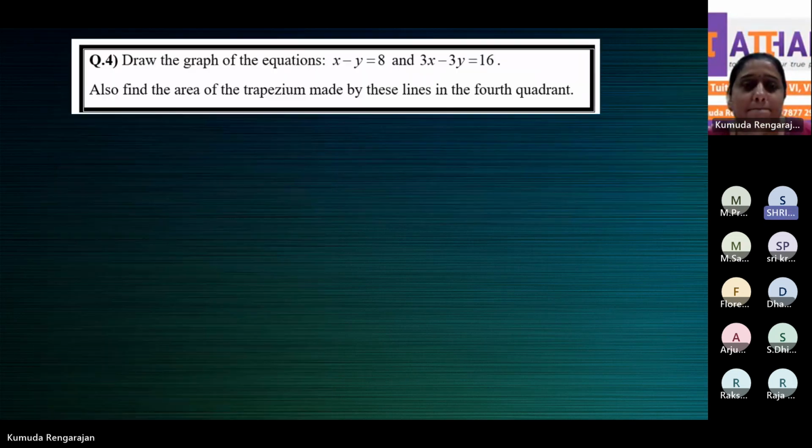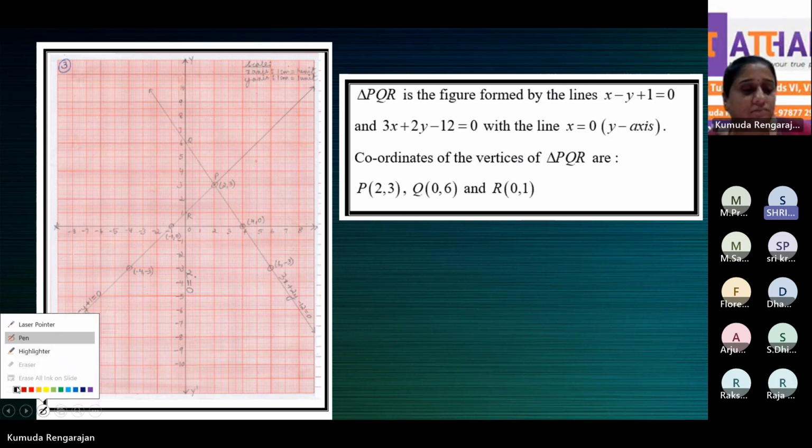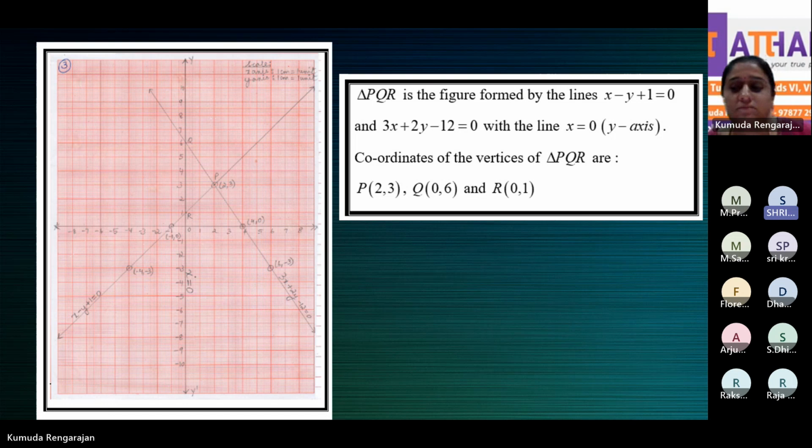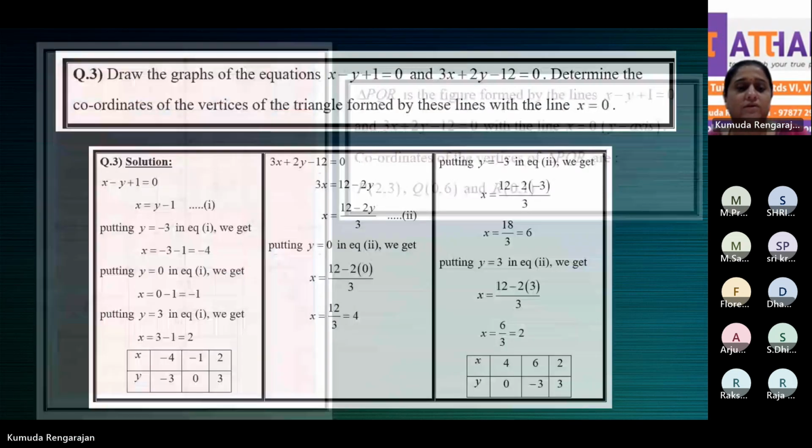Ma'am, I can take any value for x or y, right, ma'am? Yeah, you can take any value. We'll do it together. Share your thoughts. I'll help you. Tell me. I have done that calculation, but I didn't do it in the graph. Yeah, you can take any value for x and y. See here.